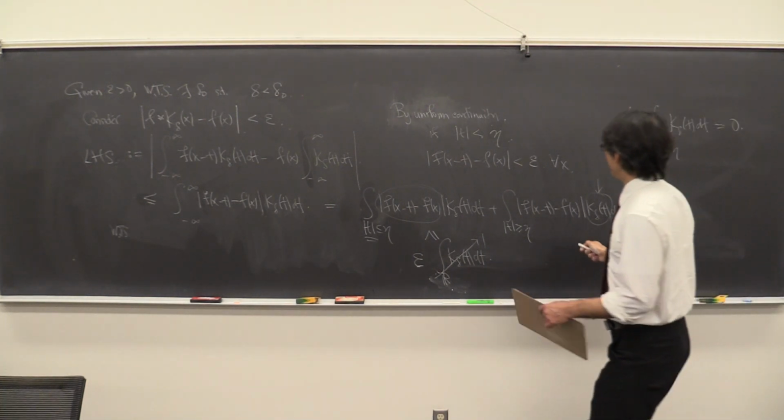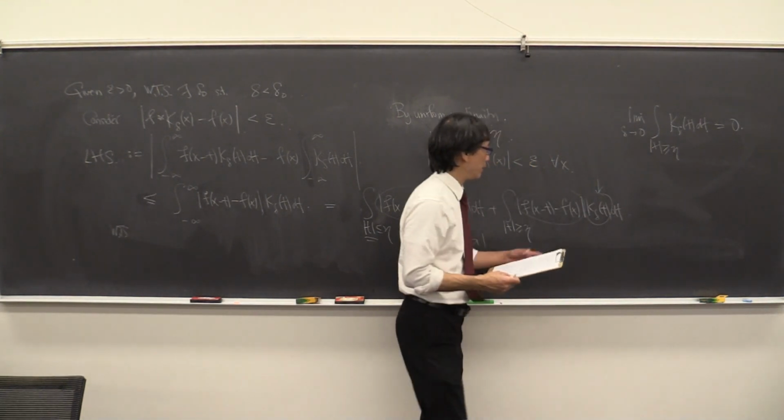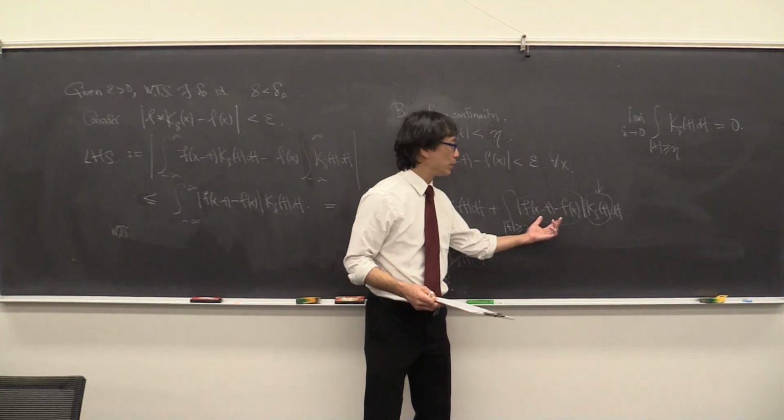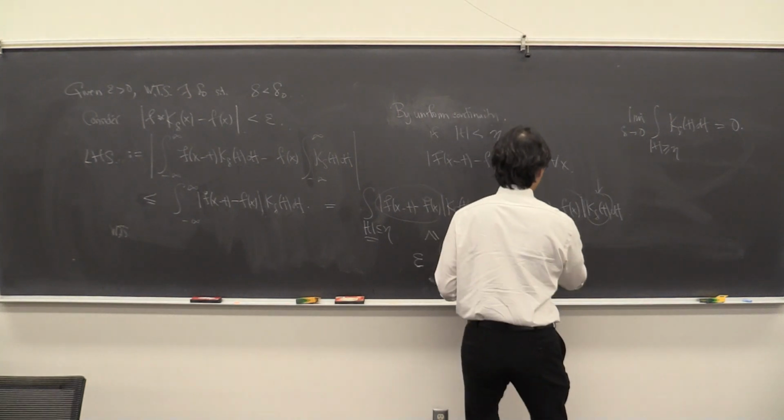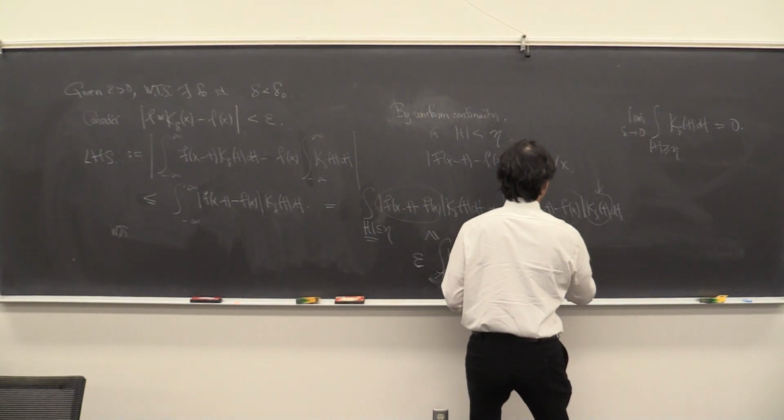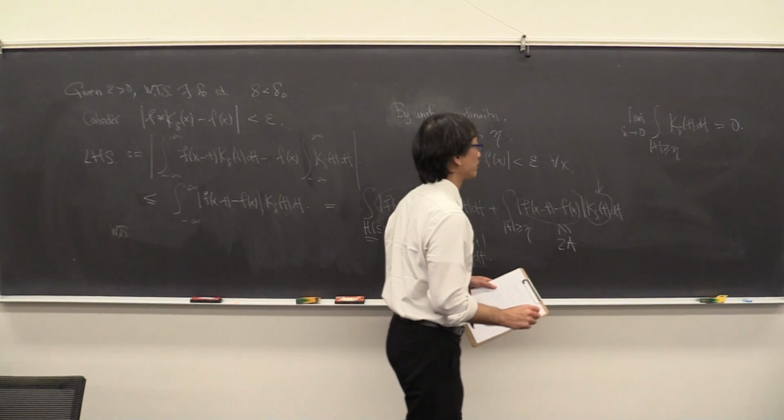Further, f is a Schwartz function, so it's bounded, and so this is smaller than twice the bound.